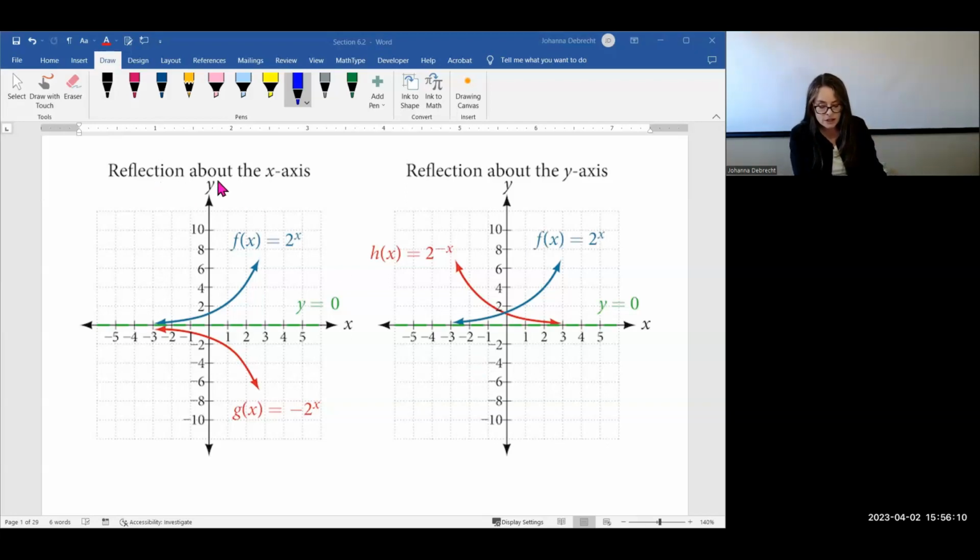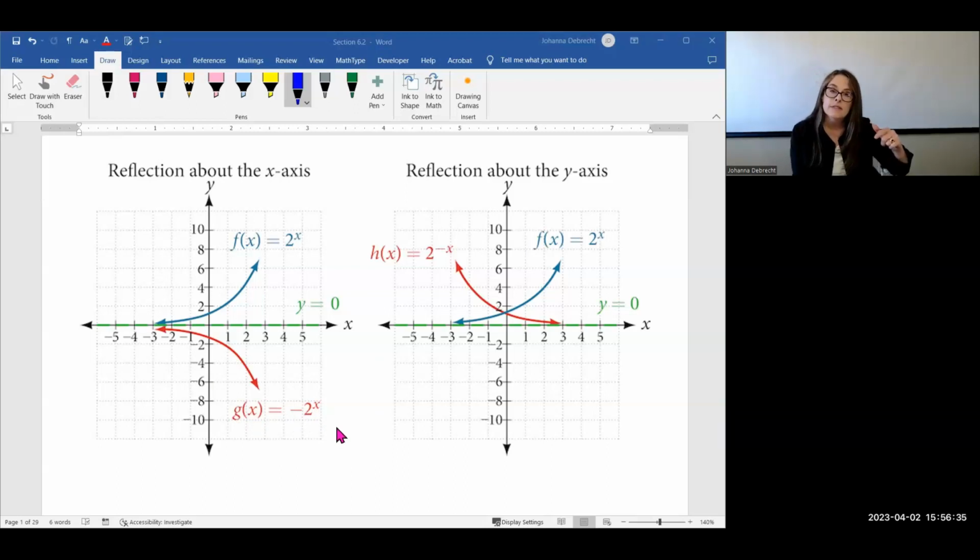So if we have a reflection about the x-axis, it makes the graph a mirror image. So imagine painting this blue exponential, 2 to the x, with blue paint, and then folding the graph in half along the x-axis. And it's going to produce this mirror image, which is the red graph you see below, which is g of x equals negative 2 to the x.